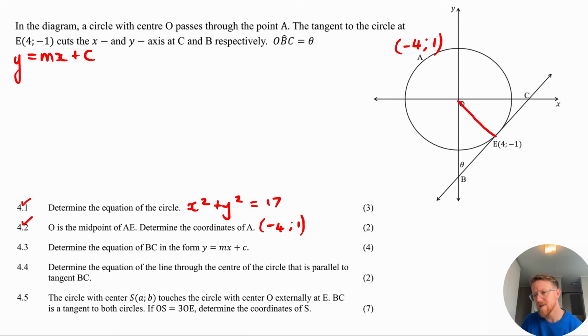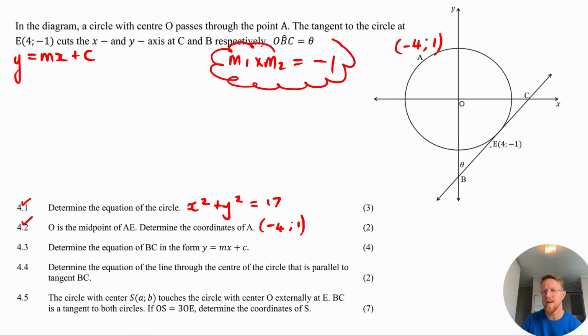So if we can work out the gradient of the radius, then we can easily get the gradient of the tangent, because when two lines are perpendicular, when you multiply their gradients, it should always equal negative 1. That is just a property of perpendicular lines.